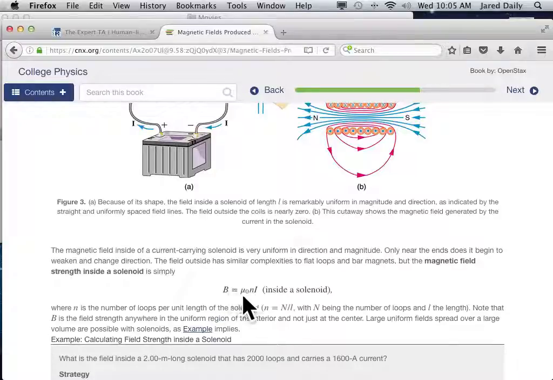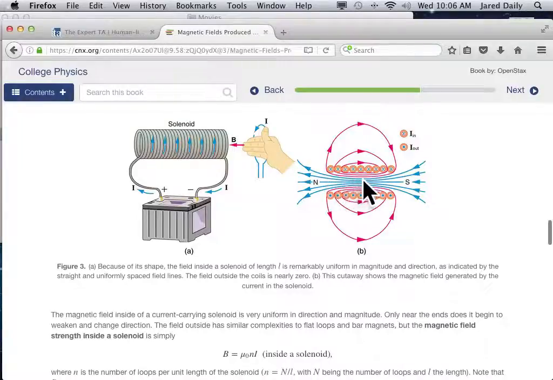And it can be measured or calculated using this equation, mu naught times the number of loops times I. And that has to be a long tube of loops of wire. And we call it a solenoid. Solenoids are quite useful because of this constant magnetic field that goes down the center of the solenoid. You can see here down the center of the solenoid, the lines start to get close to parallel. And the longer the solenoid is, the more parallel they become.